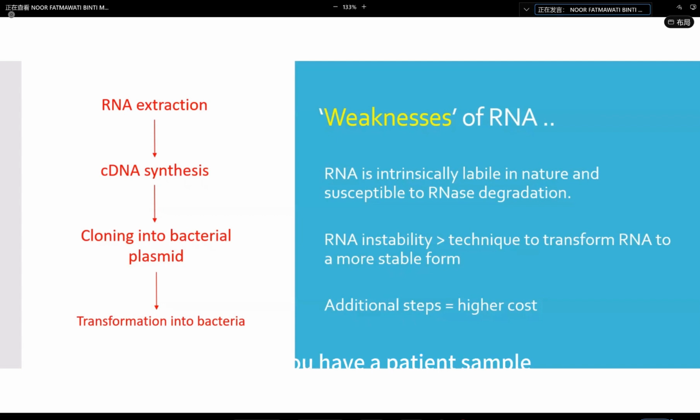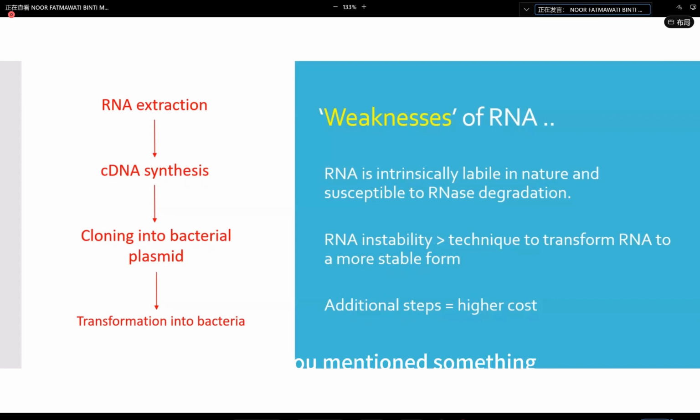For example, if you have a very small amount of a patient sample, you don't want to use the whole RNA because you will run out of that RNA. So with the discovery of reverse transcriptase, what you can do now is convert the RNA of your patient sample.